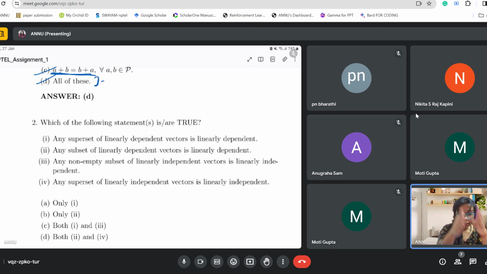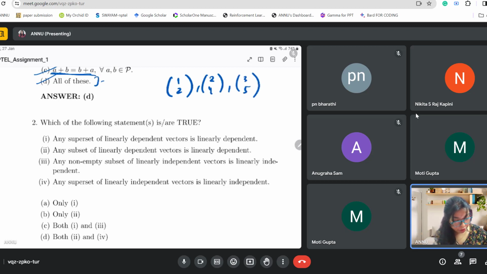For example, v1, v2, v3. So what is linearly dependent? For example, (1, 2), (2, 4), (3, 5). You can say the second vector is nothing but 2 times v1, so it is represented in the form of other vectors.